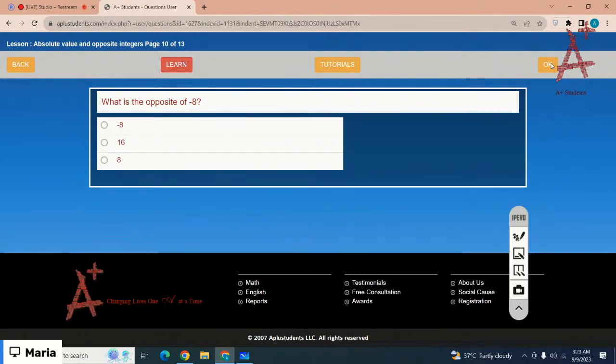What is the opposite of negative 8? Yes, the same value with the opposite sign. So it would be positive 8. The correct option is positive 8.